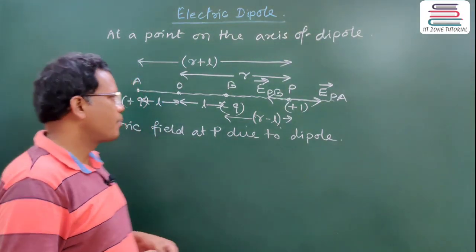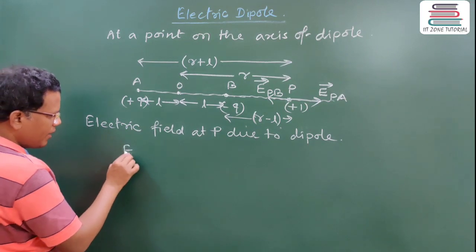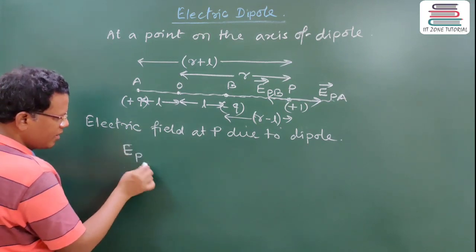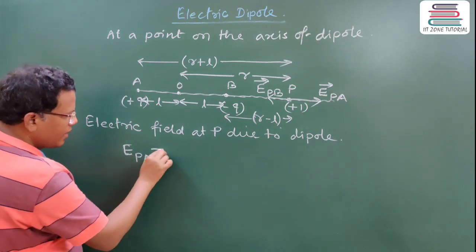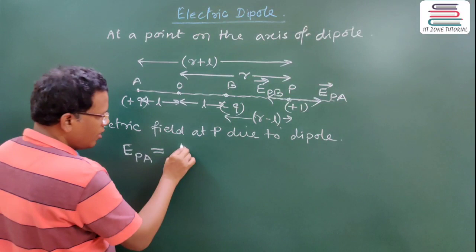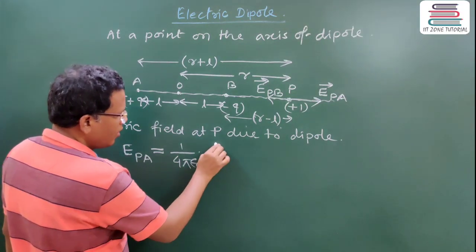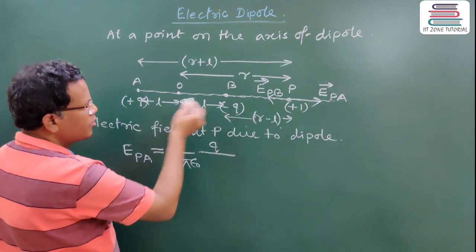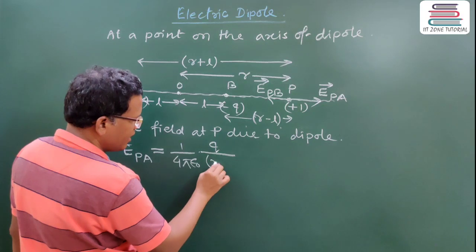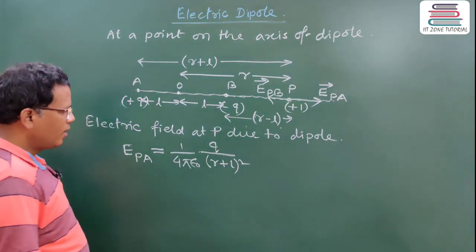So we can write therefore the magnitude of these forces, that is the electric field at P due to A, that magnitude will be 1 by 4 pi epsilon 0 Q divided by the square of the distance. So the square of the distance means it is R plus L whole square, right?